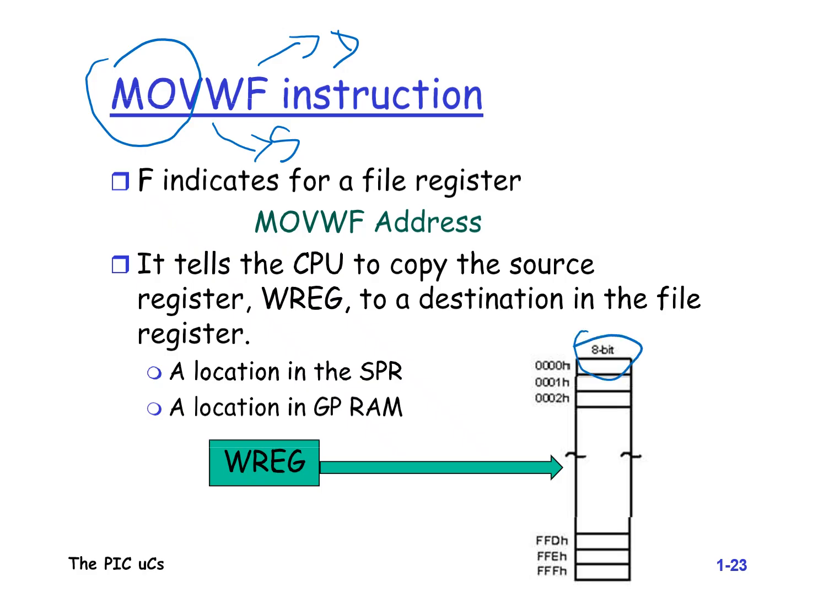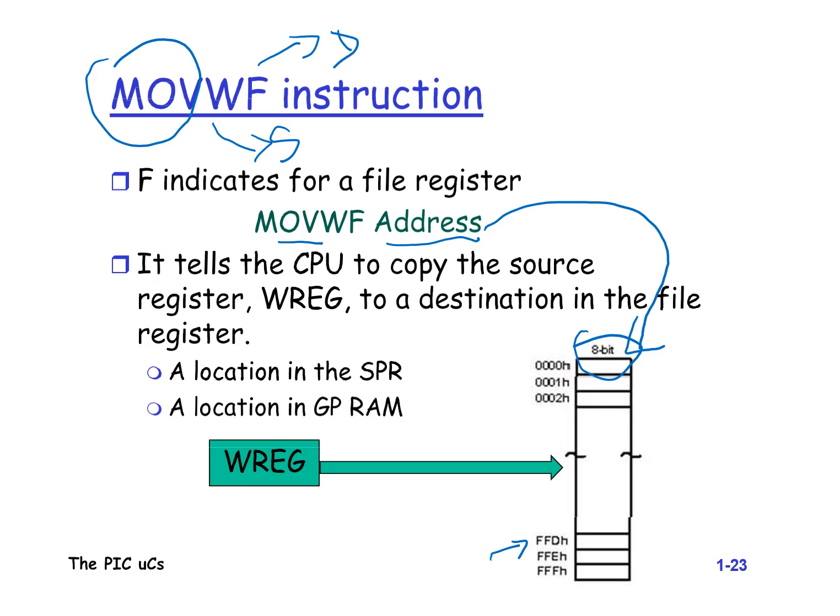This means we have to further specify the address where this information is going to be stored. So both the working register and the file register are of the same bit width, that is 8 bits. So in this command, beside this instruction, we have the information of the address, which will specify the particular location where the information is going to be stored.